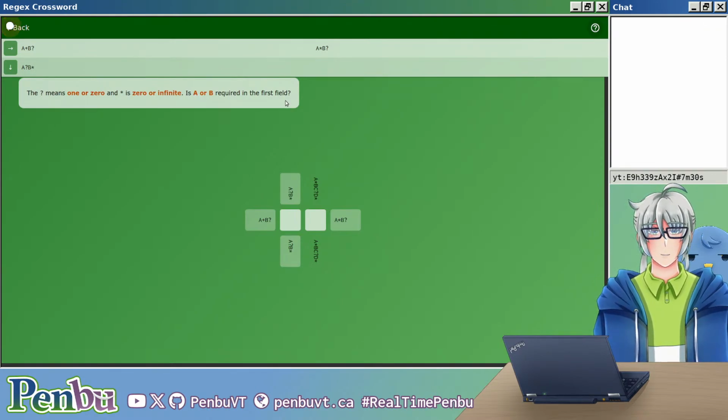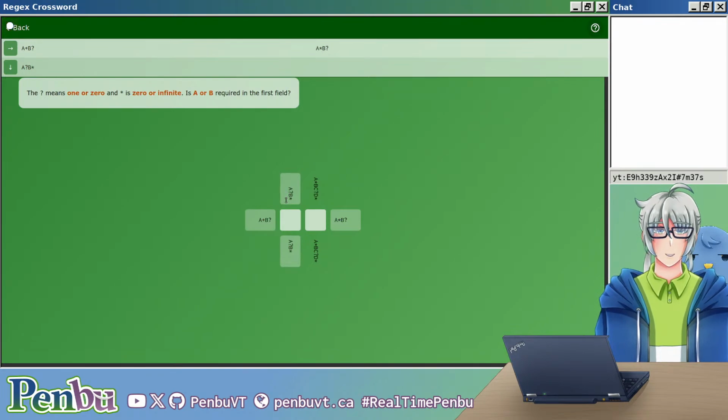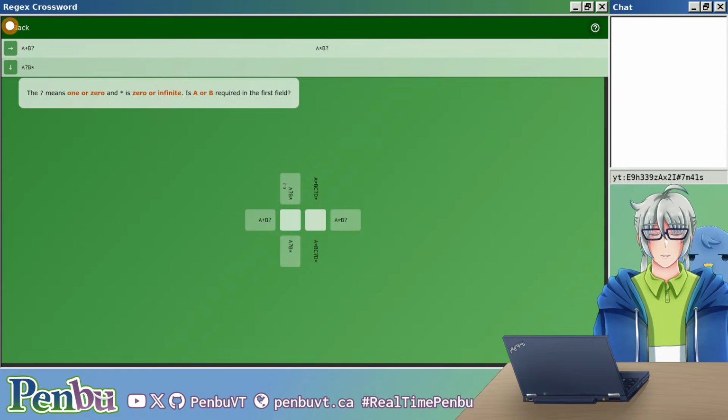Is A or B required in the first fields? So we have here A question mark B star, which means we have 0 or 1 A's followed by 0 or more B's.